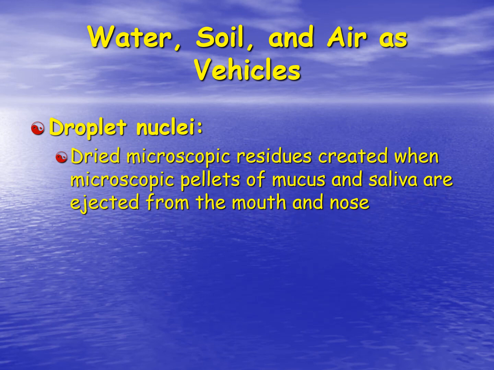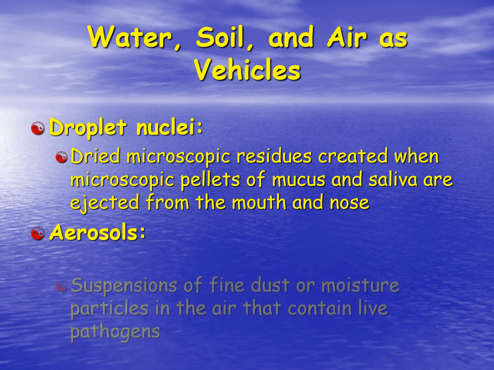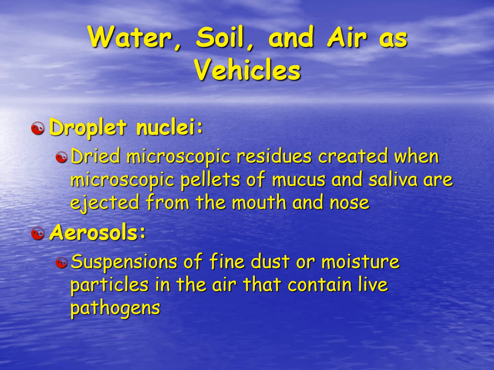Droplet nuclei are dried microscopic residues created when microscopic pellets of mucus and saliva are ejected from the mouth in coughing and sneezing. Aerosols are suspensions of fine dust or moisture particles in the air that contain living pathogens. So, is there a huge difference between droplet nuclei and aerosols? Not really. It's just basically that one is dry and one's moist.